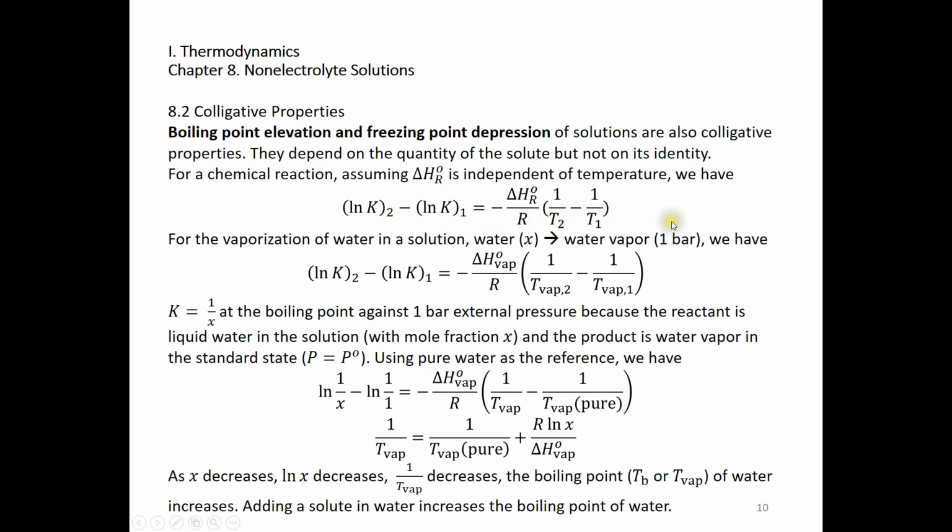So we have this equation for chemical reactions. And for physical changes, we can use exactly the same equation. It's just we need to treat those physical changes as if they were chemical reactions. So we're going to treat the vaporization as if it were a chemical reaction.